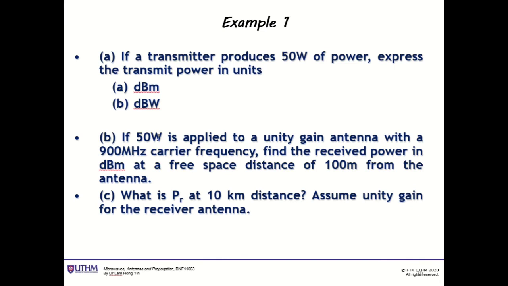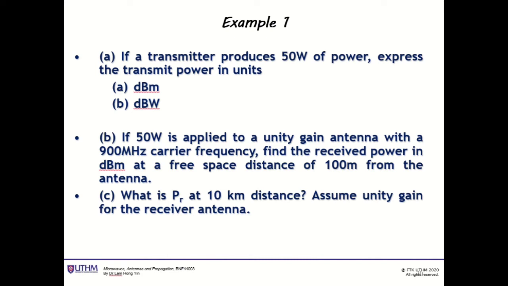and then B, if 50 watts is applied to a unity gain antenna with a 900 MHz carrier frequency, find the received power in dB at a free space distance of 100 meters from the antenna. So in this question they give the transmit power, unity gain, 0 dB, 900 MHz frequency, and a distance of 100 meters.